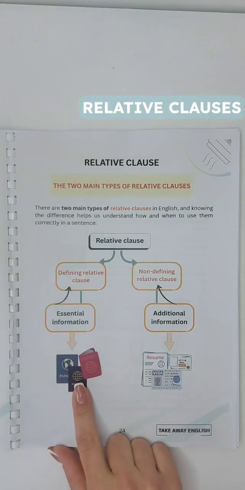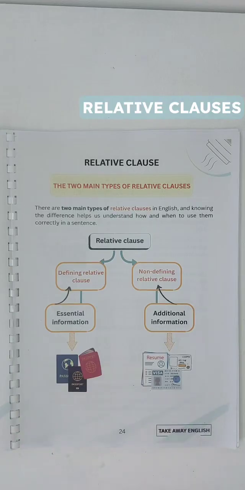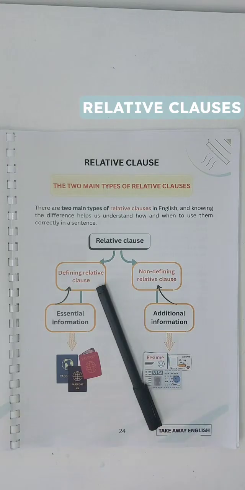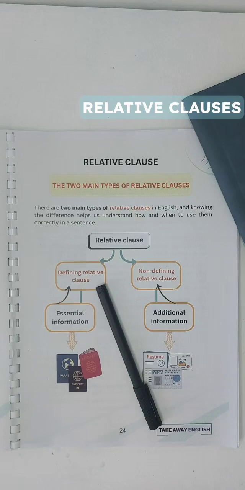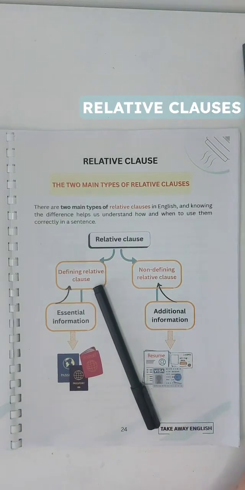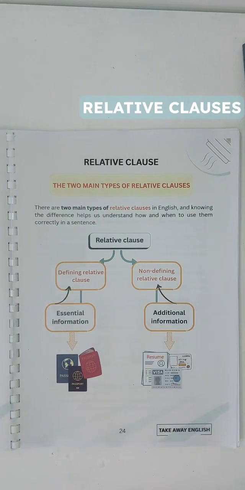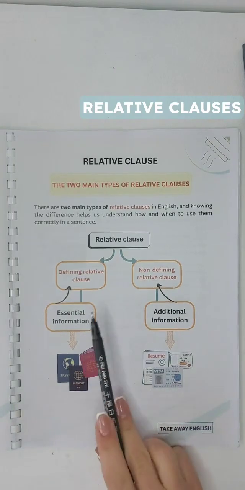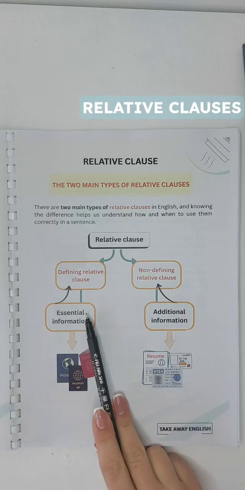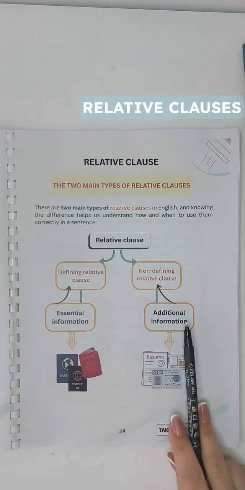Defining. Again, there are two different types of relative clauses: a defining relative clause and a non-defining relative clause.